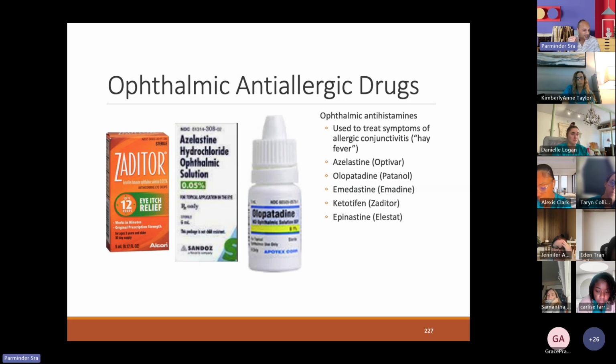Then there are decongestants for the eyes. Congestion of the eyes. It reduces the redness, swelling by constricting the blood vessels. Constricting. Such as naphazoline, tetrahydrozoline, which is your Visine, OTC eye drops.